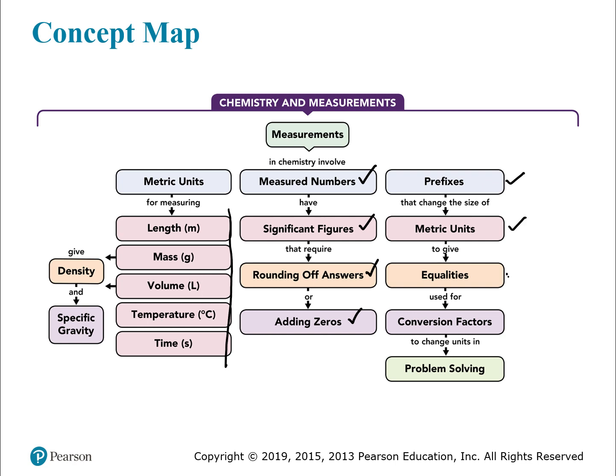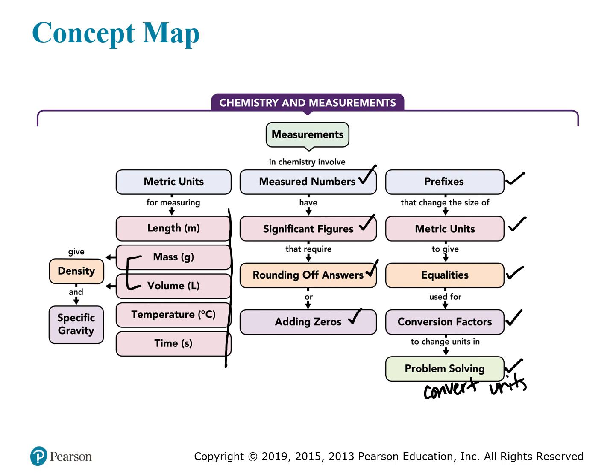And to do that, we need to know how to write equalities between 2 units, and we need to know how to write conversion factors, which are those fractions that we can then use to solve problems to convert units. As a side note, we also addressed density, which is looking at 2 different types of measurement, mass and volume.